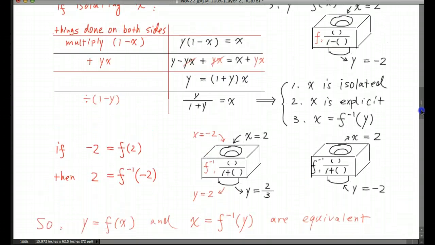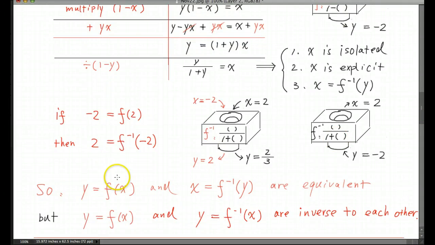So finally, we can get this conclusion. y equals f(x) and x equals f negative 1 of y: these two you just change which variable is isolated. So it doesn't really change the relation between x and y, and they're still considered equivalent.